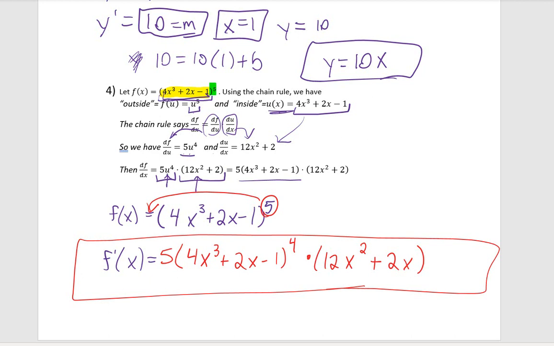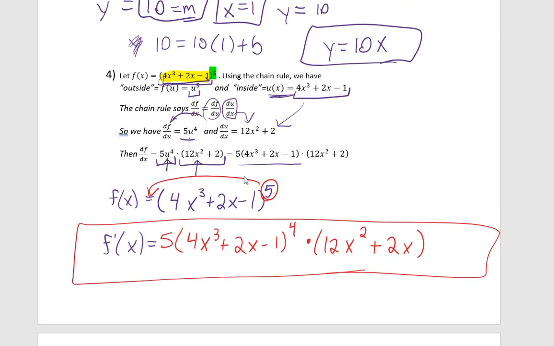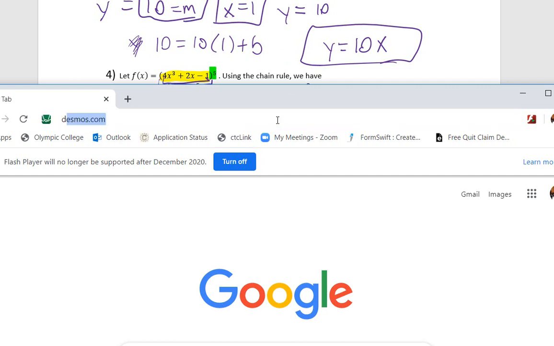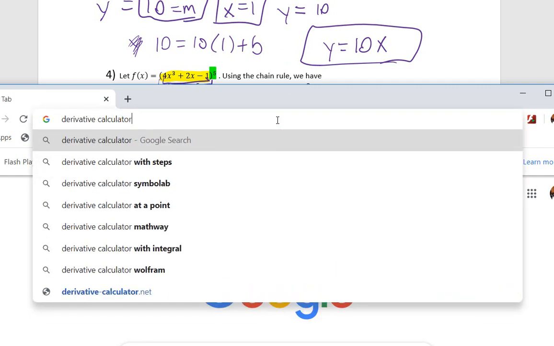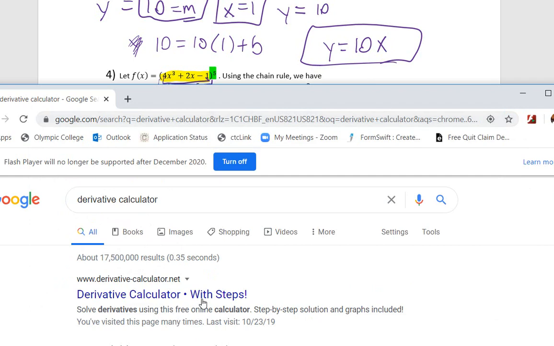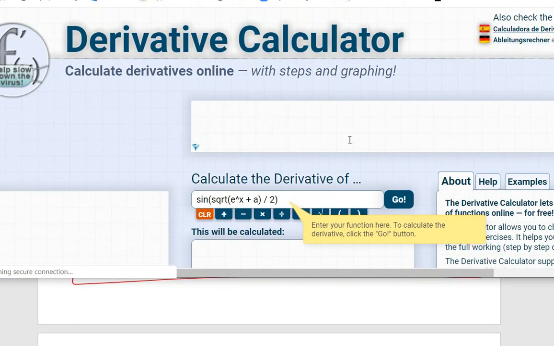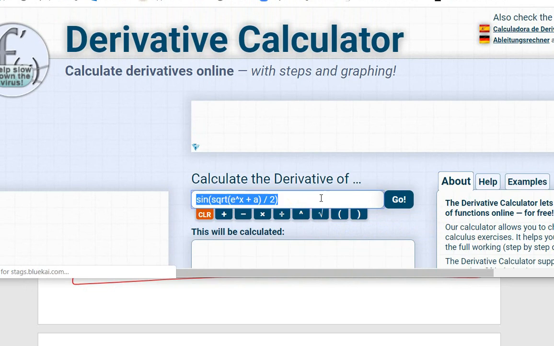All right, cool. I want to show you one more thing. I might regret this, but we will see. If you go into Google and type in derivative calculator, and go to the very first link, it gives you the ability to do the derivative, but the best thing is that when you put a derivative in, it'll tell you the steps.